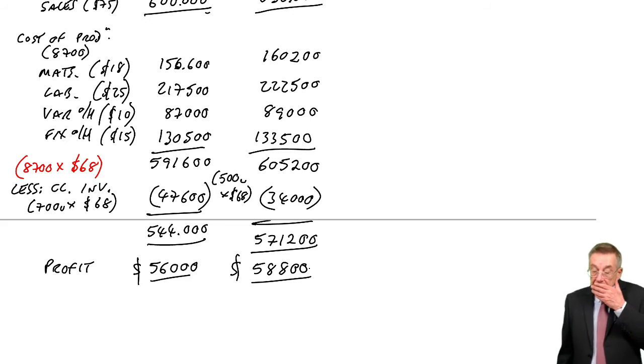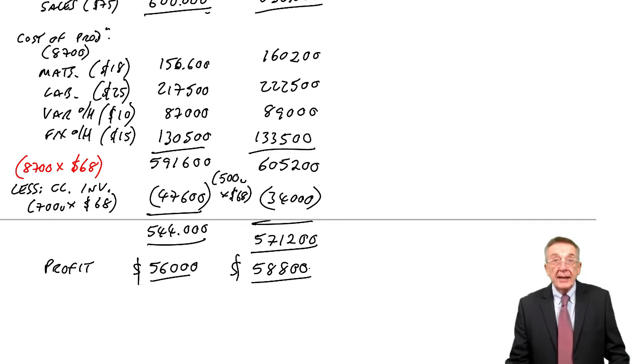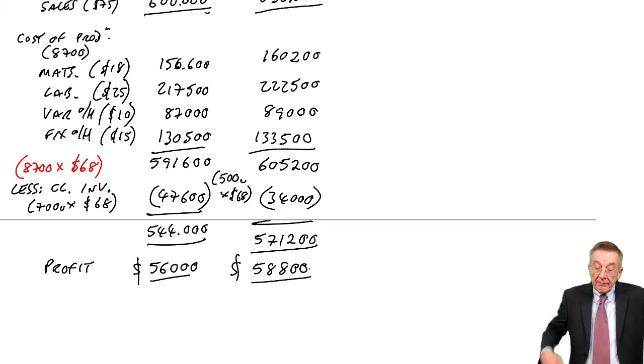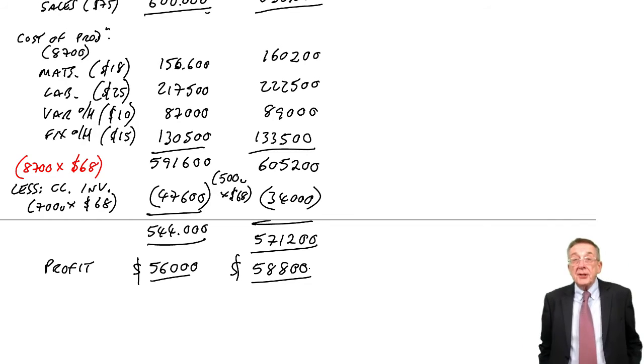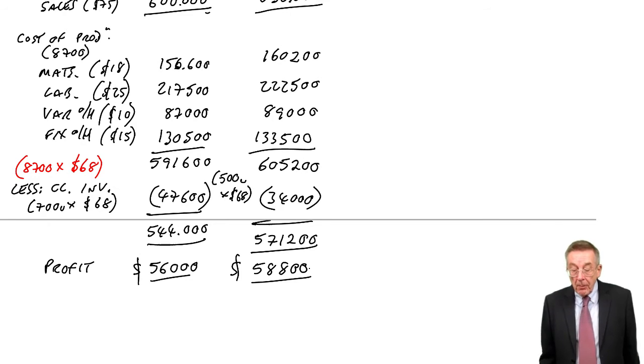Now then, understandably, a lot of people get upset about the fixed overheads because, of course, by definition, fixed overheads should stay fixed, whether we produce more, whether we produce less.